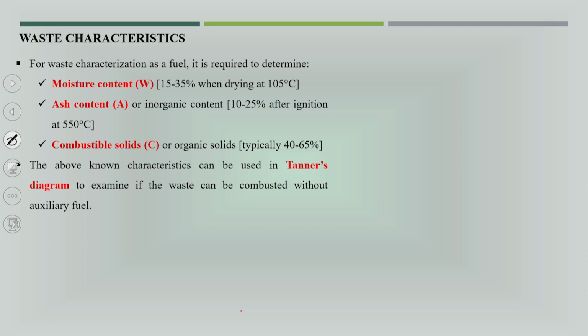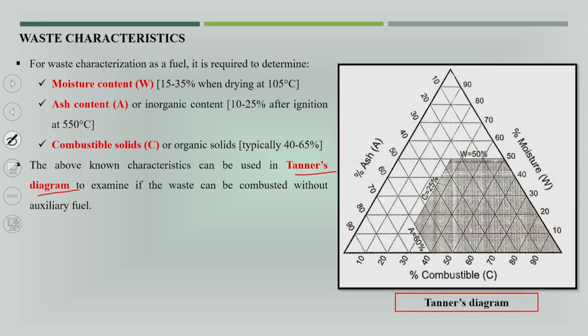Based on these three parameters, moisture content, ash content and combustible or volatile solids, we prepare the Tanner diagram to examine whether the waste can be combusted without auxiliary fuel, that is, incinerated without adding any extra fuel or extra combustible matter to the waste. This is the Tanner diagram you see here. This is the ash percentage, this is the moisture content and this is the combustible percentage.